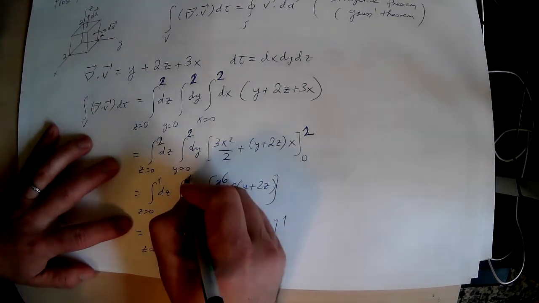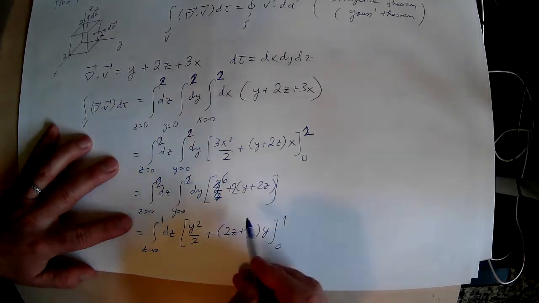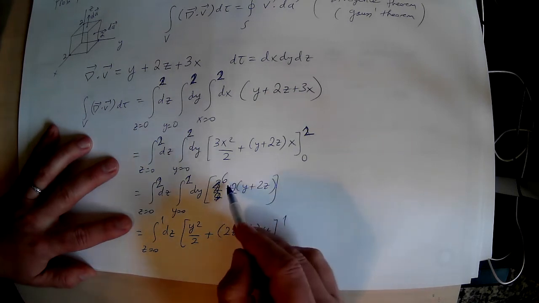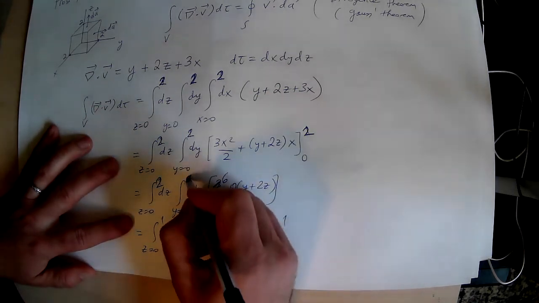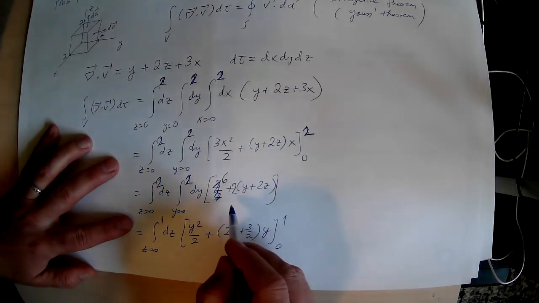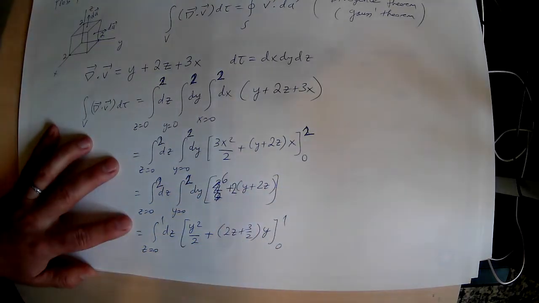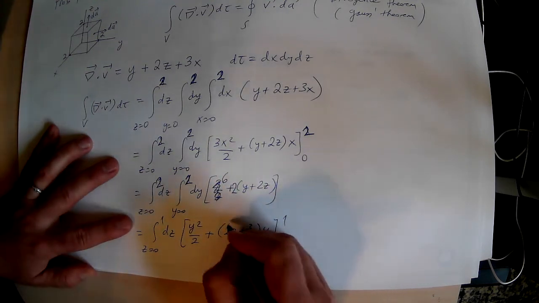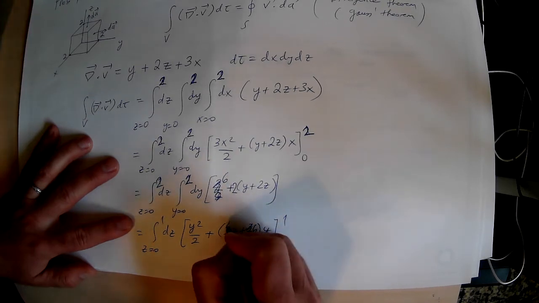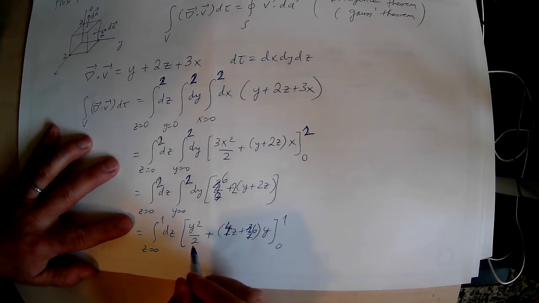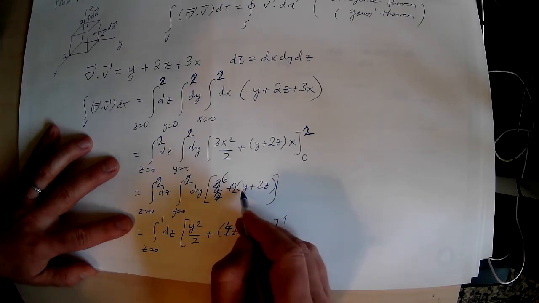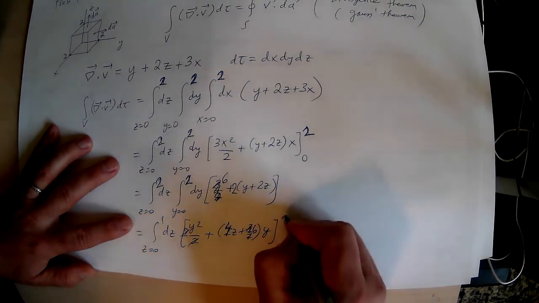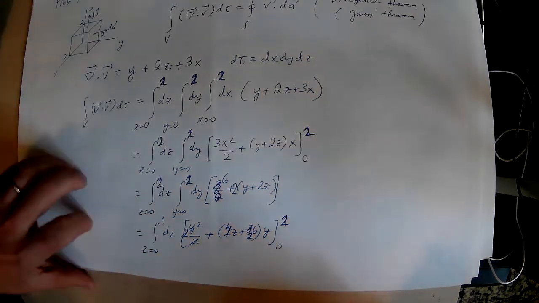Now, again, 0 to 2, 0 to 2. Let's look at that. If I now evaluate the y integral, first you have 6 plus 4z, right? This is going to be 6, this is going to be 4z, that's the constant part, and then 2y, so it's going to be 2y squared over 2, so these two cancel, and then evaluated from 0 to 2.